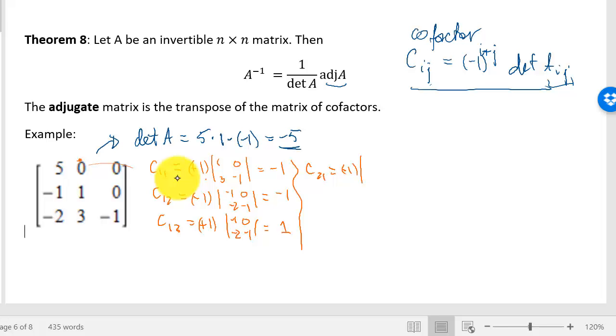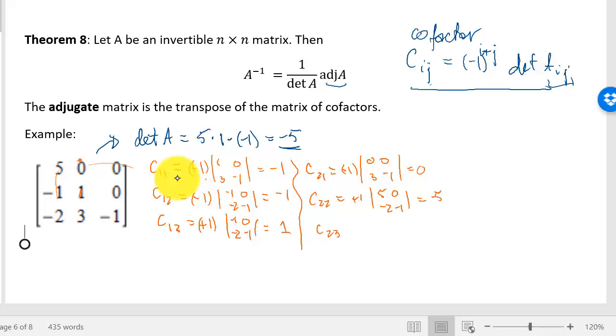And then we cross out the row and column, so 0, 0 on top, and that's going to knock out the determinant because we have a row of zeros, so that's going to be 0. C22 is +1, and that's our middle position, so we cross everything out. We got 5, 0, -2, -1, so that's 5, negative.